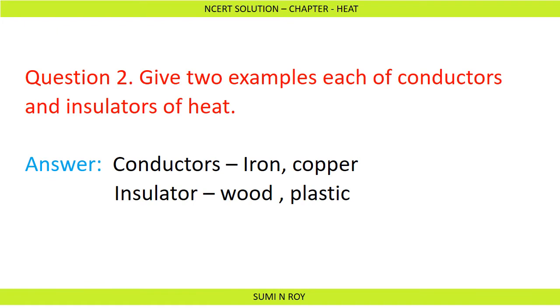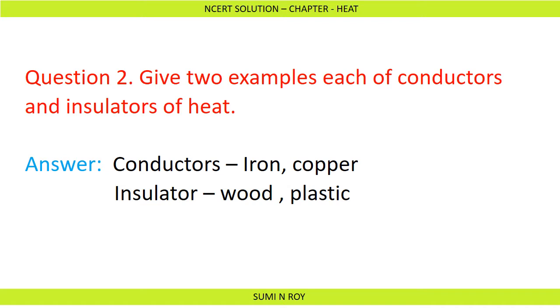Now the next question, which is very easy: give two examples of conductors and insulators of heat. Firstly we have to know what we mean by conductors and insulators. Conductors are substances which allow heat to pass through them easily, and are called good conductors of heat.